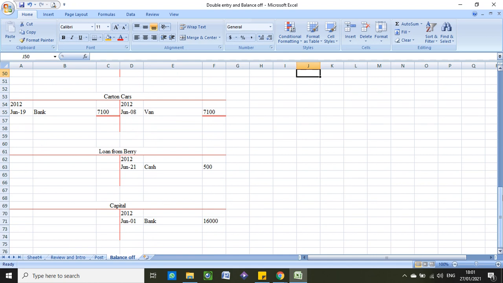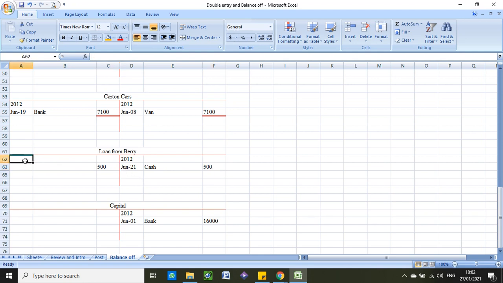Loan from Berry. In this case, we have $500 on the credit side and we have 0 on the debit side. So I need $500 on this side to make this side equal to this side. So I will go ahead and enter $500 here. So now the two sides will equal each other.